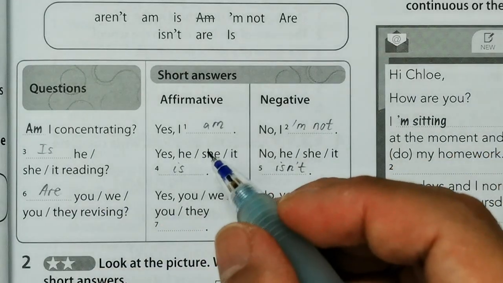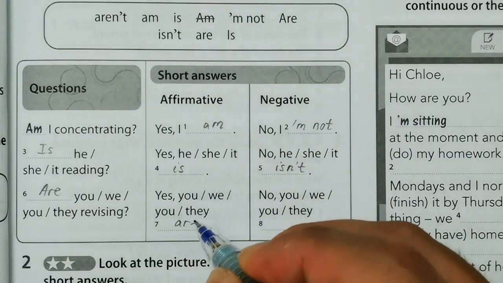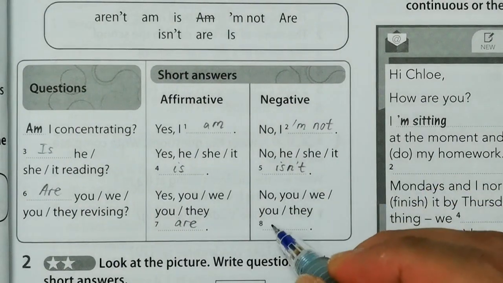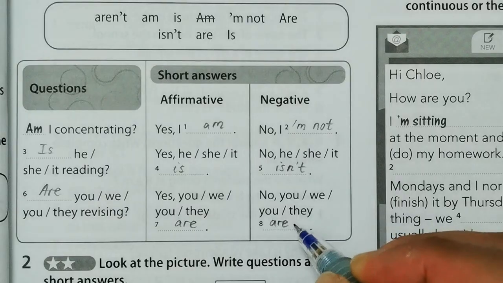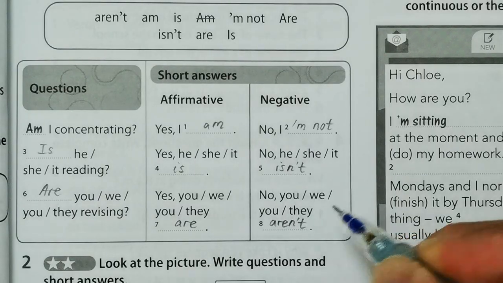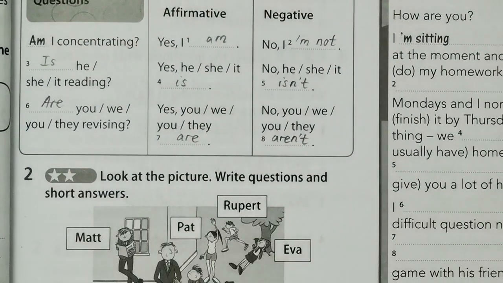So you are. Number 7, we have are. No, you aren't. So are followed by not with no spacing, and then apostrophe t. So there you go. We go to part 2 here.